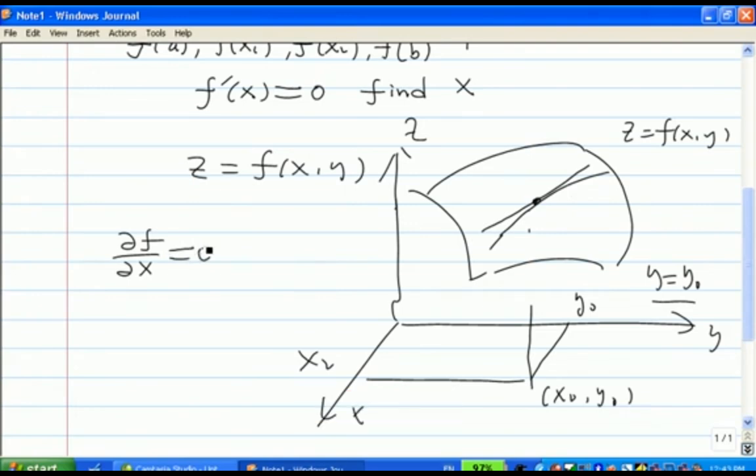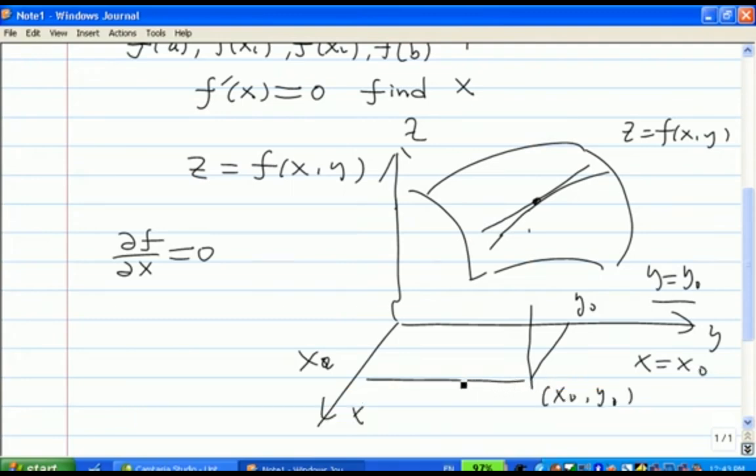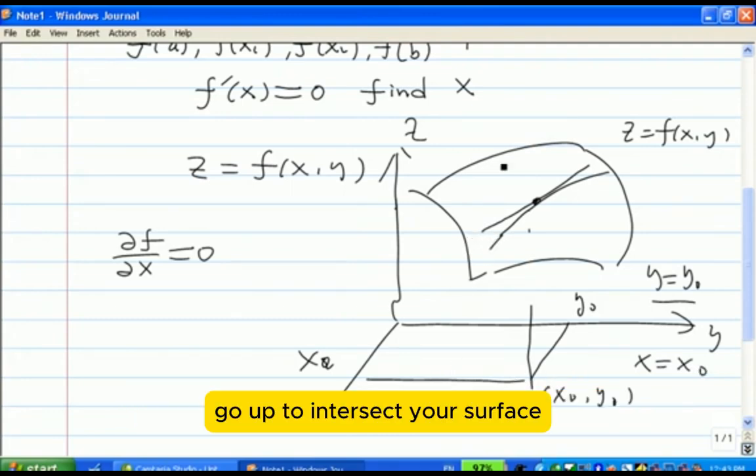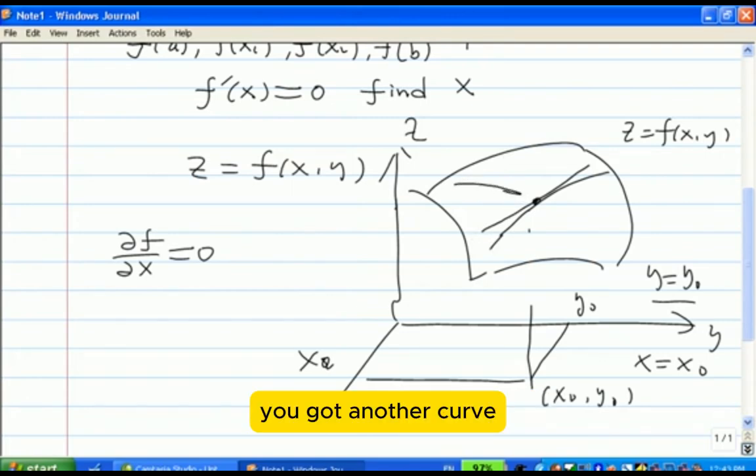Similarly, if you let x equal to x0, which is another plane, going up to intersect your surface, you get another curve.